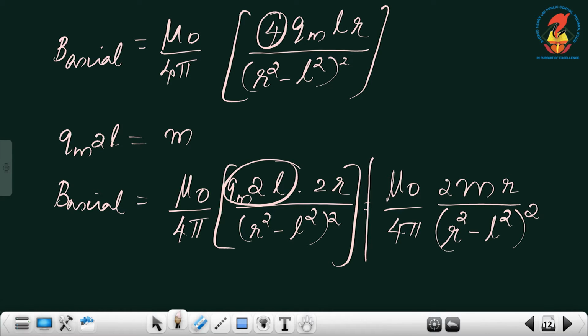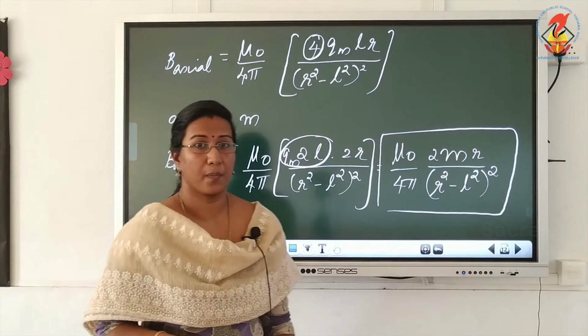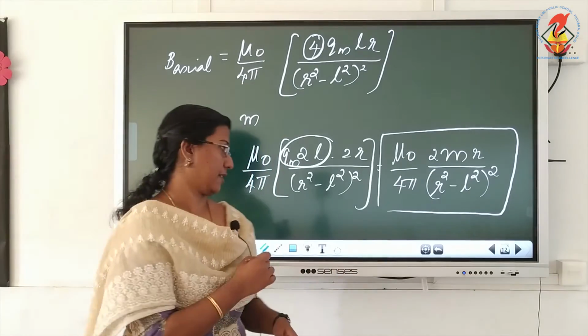This is the equation for magnetic field intensity at the axial point of a bar magnet.